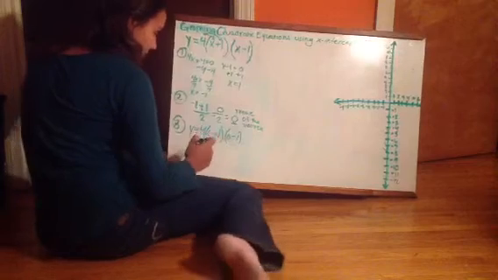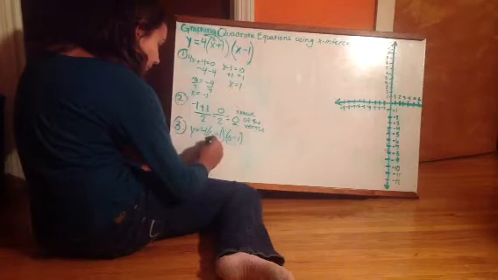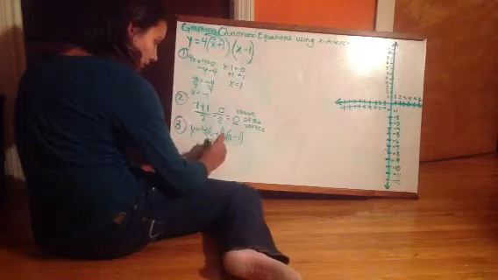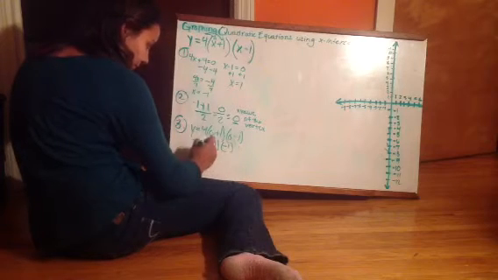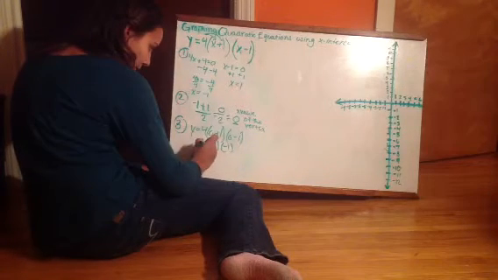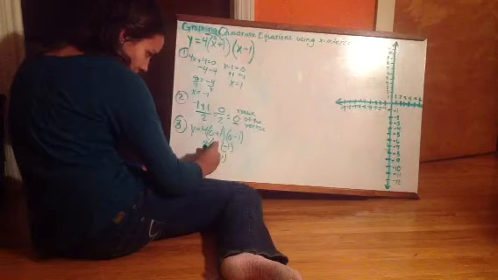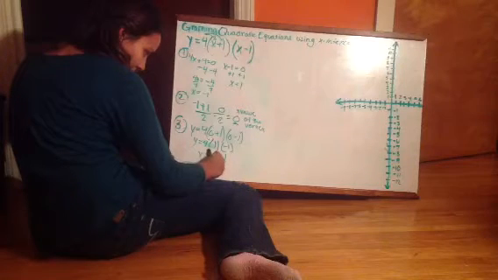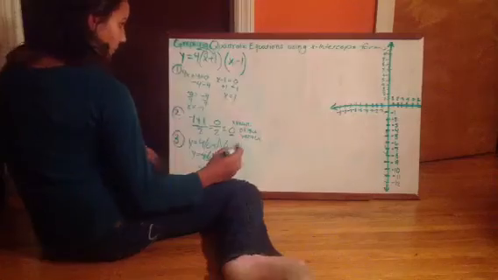From there, we're going to distribute. Actually, I'm not going to distribute first. I'm going to do 1 times negative 1, then 4 times negative 1. Y is going to give you negative 4. So y equals negative 4.